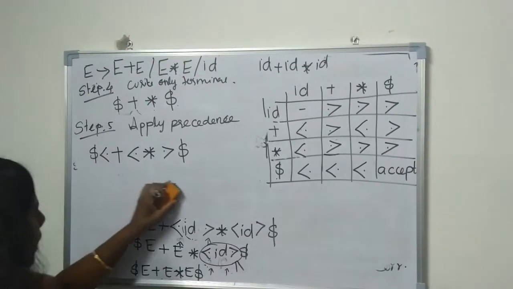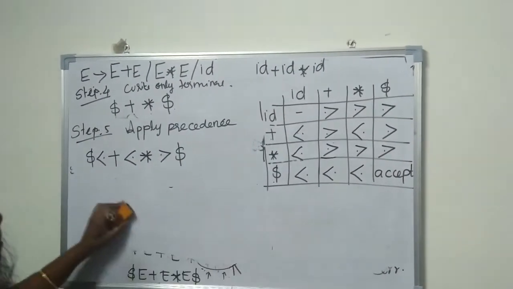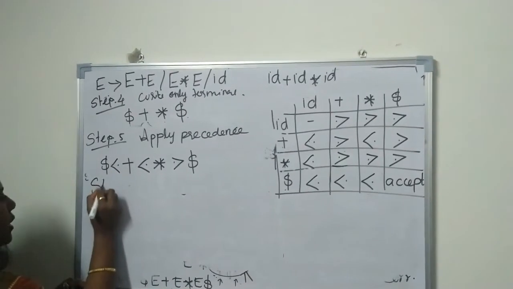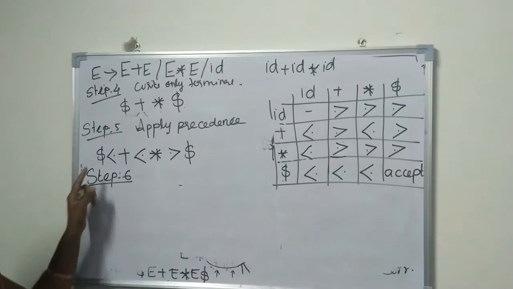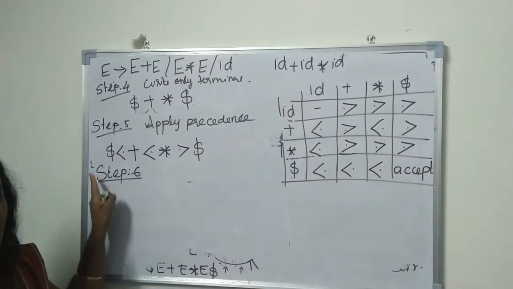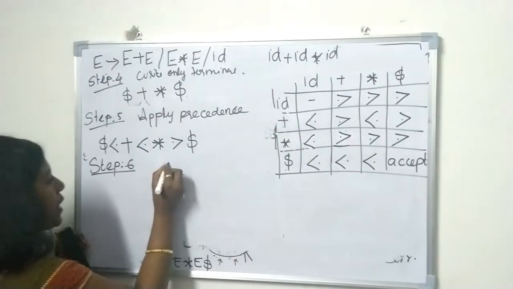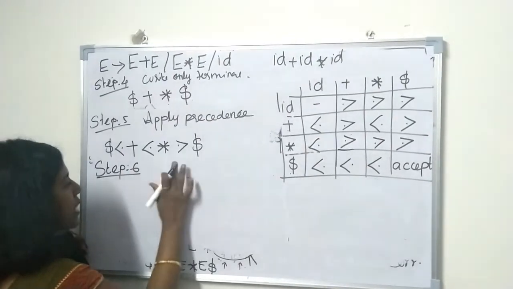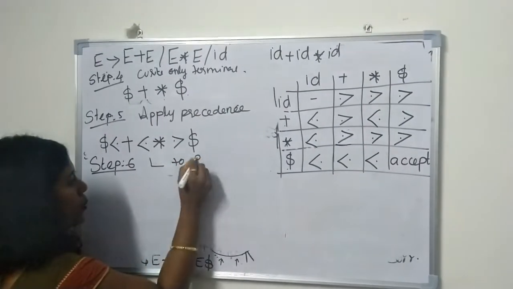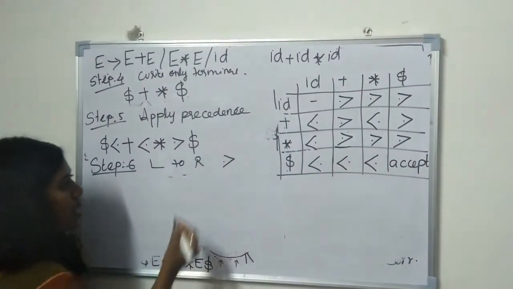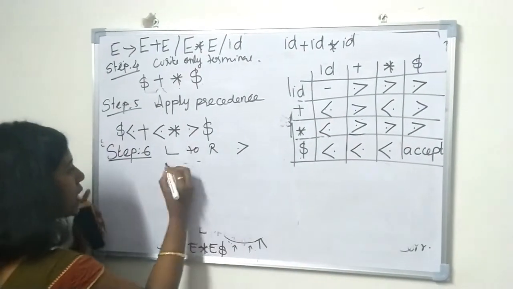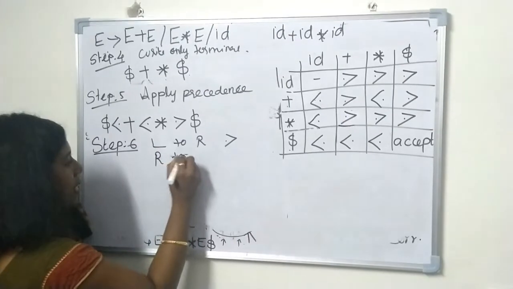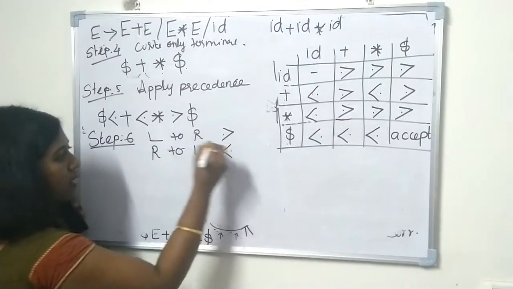Now again I am going for step 6. Same as I said earlier, but only one small change: we'll start scanning from left to right. Once we find greater than symbol, we'll stop scanning left to right and we'll start scanning right to left until we find this symbol.